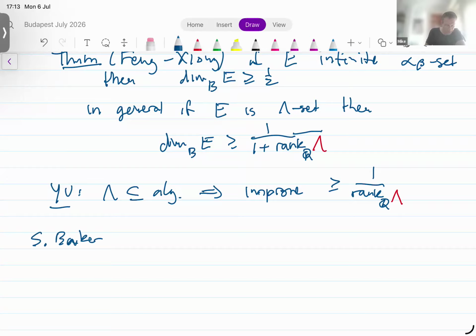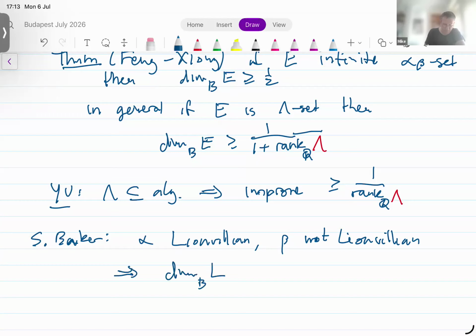I think a little bit later, proved that if you have a Liouvillean alpha and a beta which is not Liouvillean, then the box dimension of E, so E is an alpha beta set, actually has to be 1.